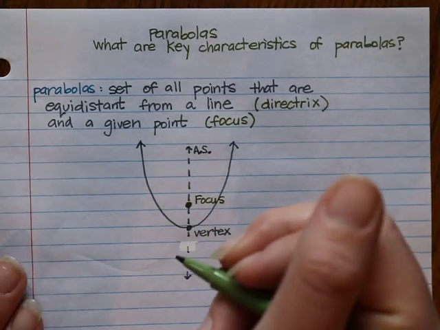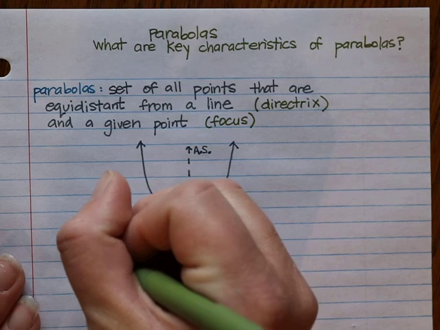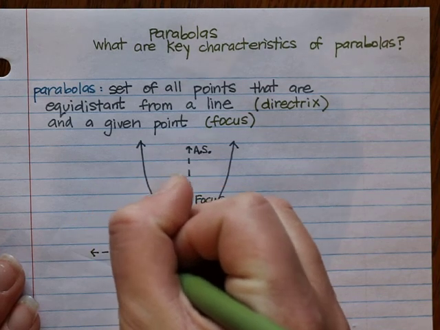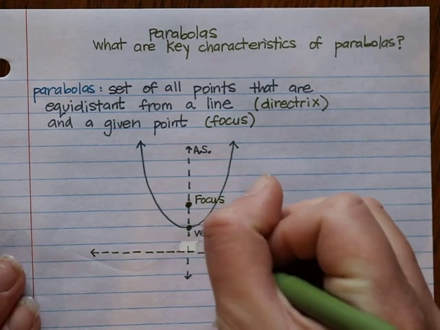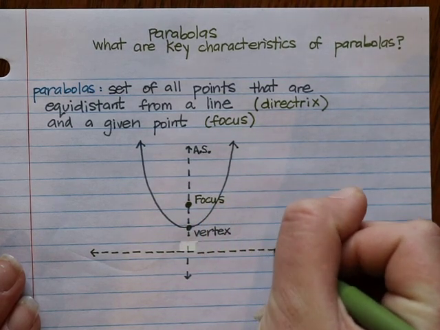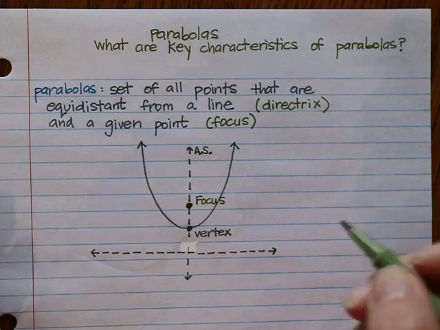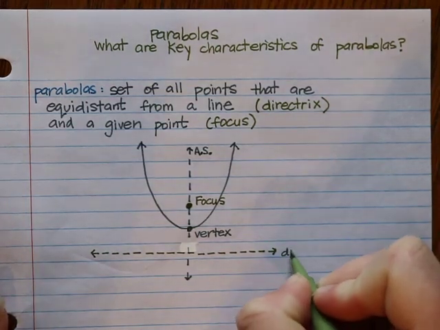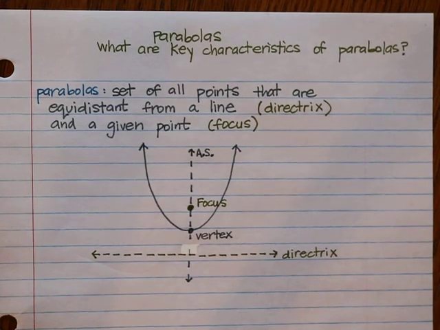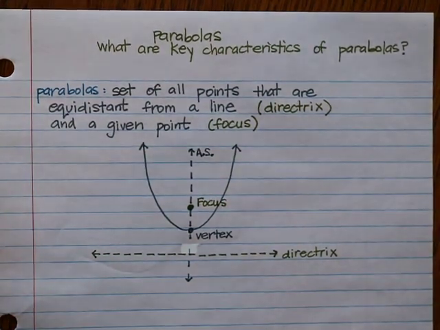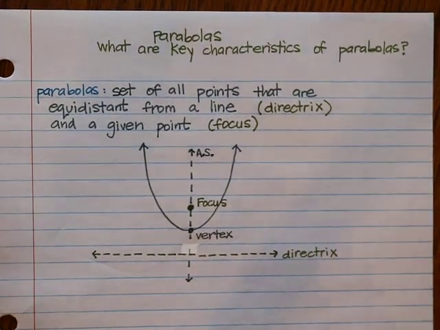The other part is something called the directrix. And that is a line perpendicular to our axis of symmetry on the outside of our parabola. So we've got inside our parabola for our focus, and outside our parabola for our directrix.